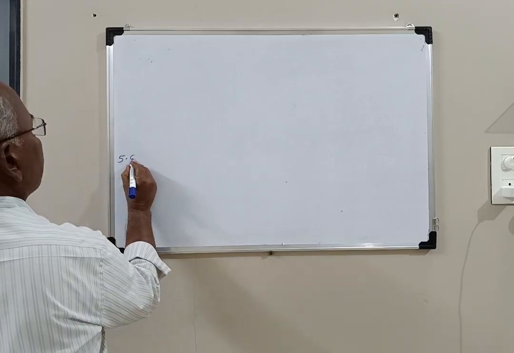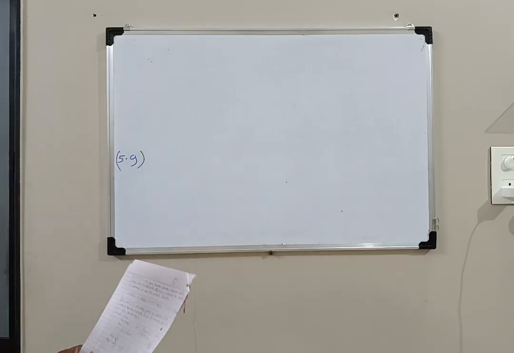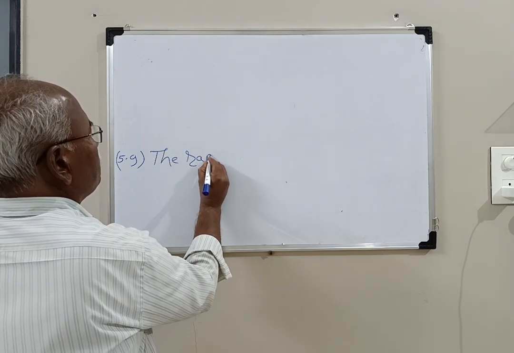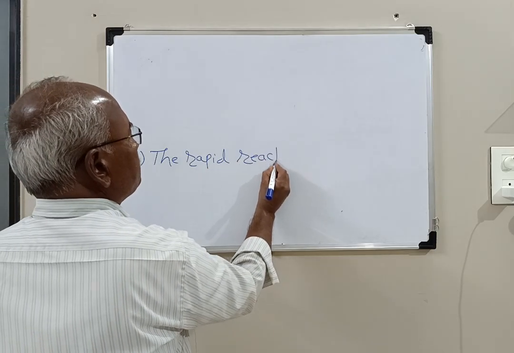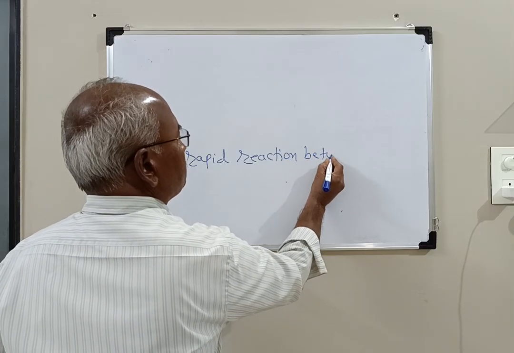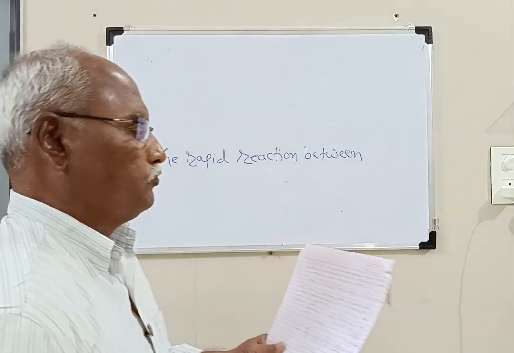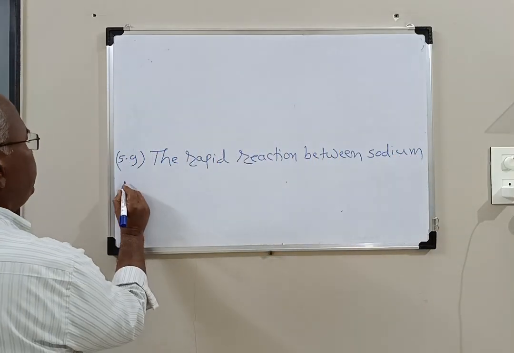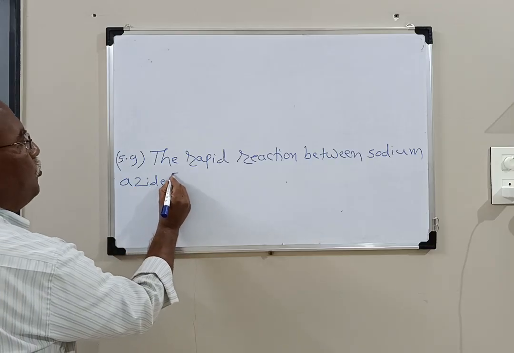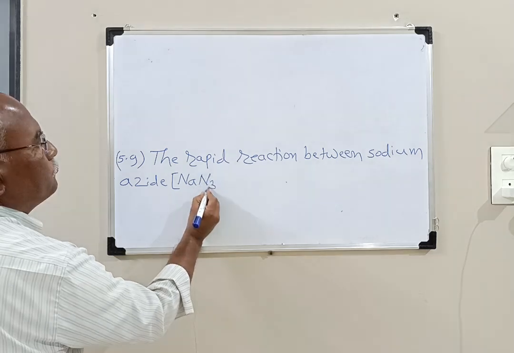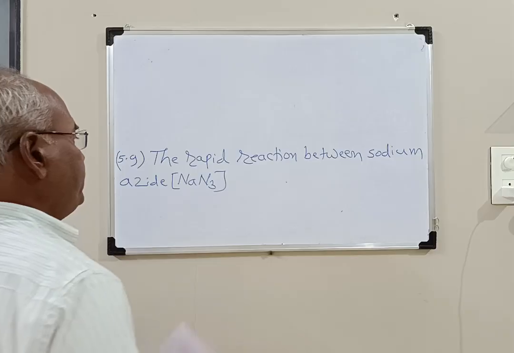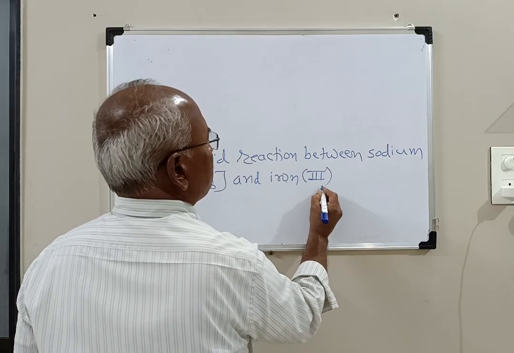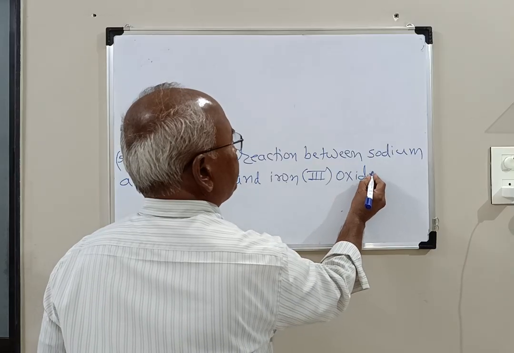Example 5.9 I am going to solve from your textbook. The rapid reaction between sodium azide, its formula is NaN3, and iron 3 oxide, ferric oxide.